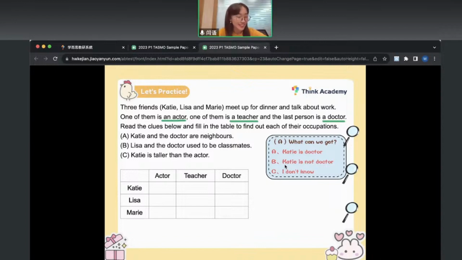Okay. I see. You have different answers. Okay. So here, everyone, do remember that Katie and the doctor are neighbors. So one cannot be the neighbors as himself, right? 一个人是不可以跟自己当邻居的，所以我们知道 Katie is not doctor.